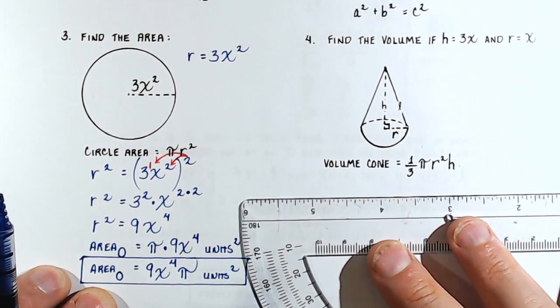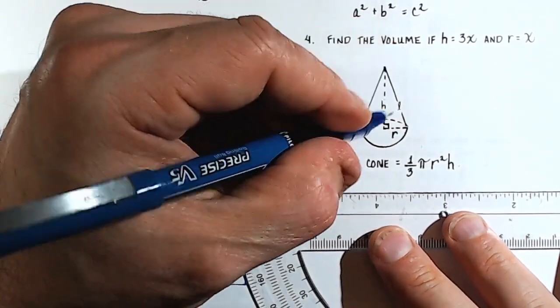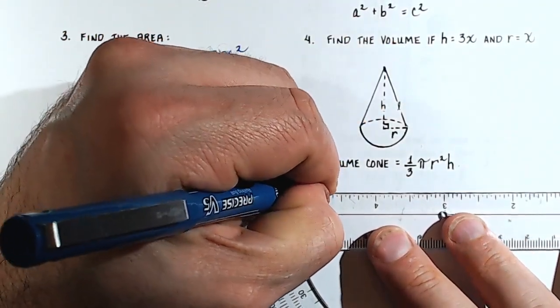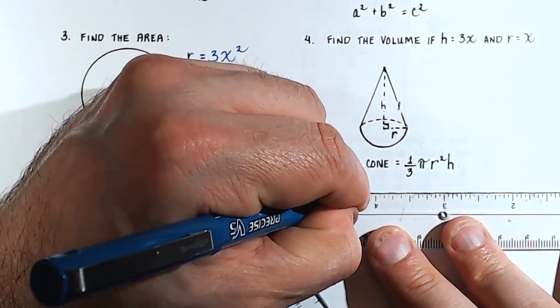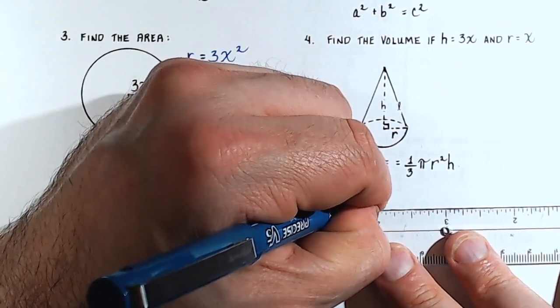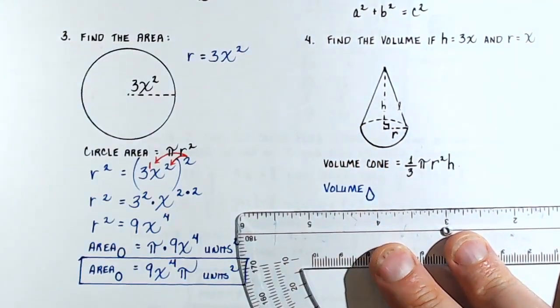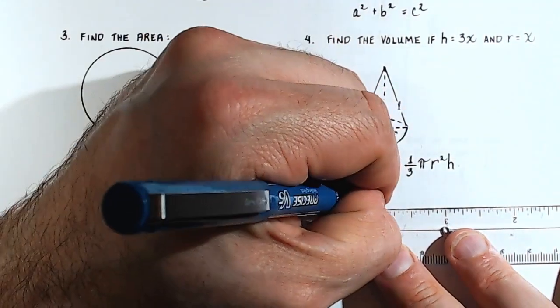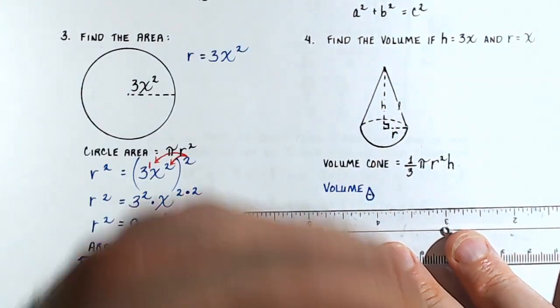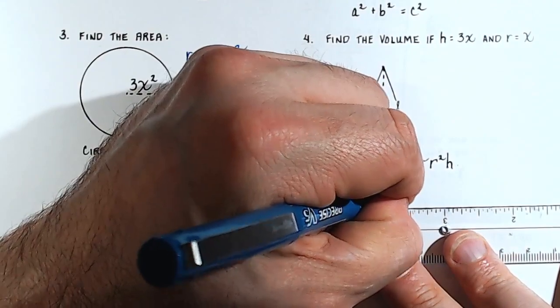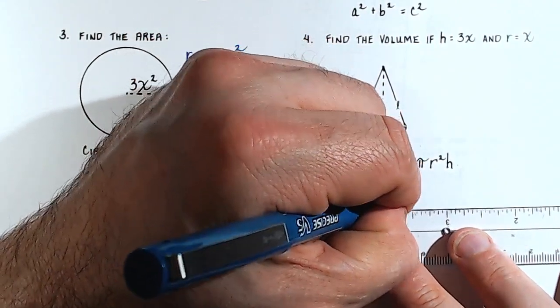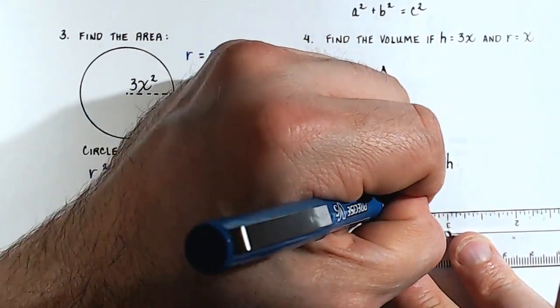Right? So if that's the volume of a cone, then the volume of our cone is equal to 1/3 times pi.